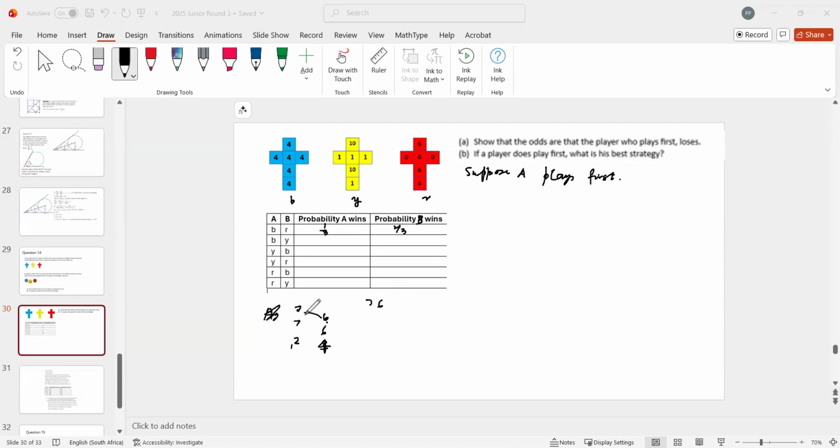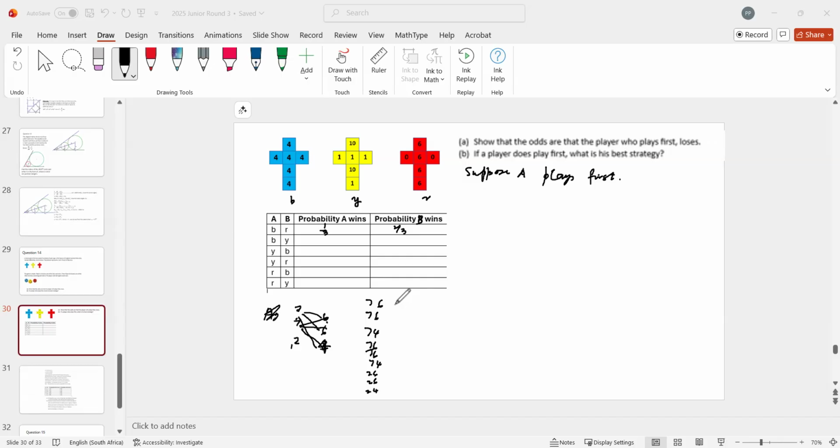The next one is, you could have got this 6, or you could have got that one, or you could have got those two, 7, 6, 7, 6 again, and 7, 4, or you could have had 2, 6, 2, 6, and 2, 4.